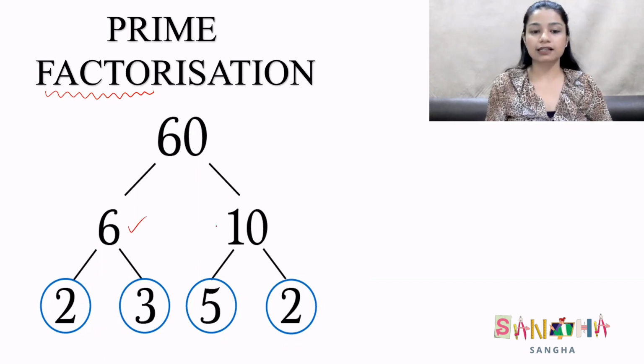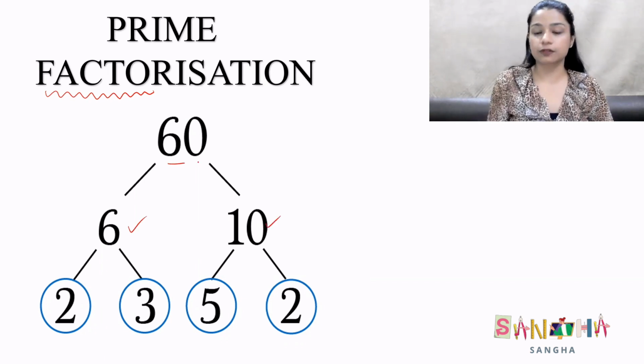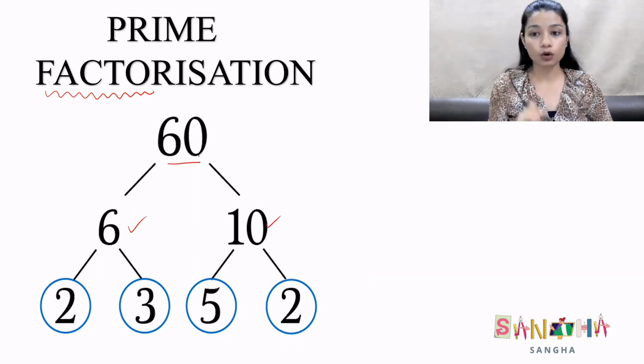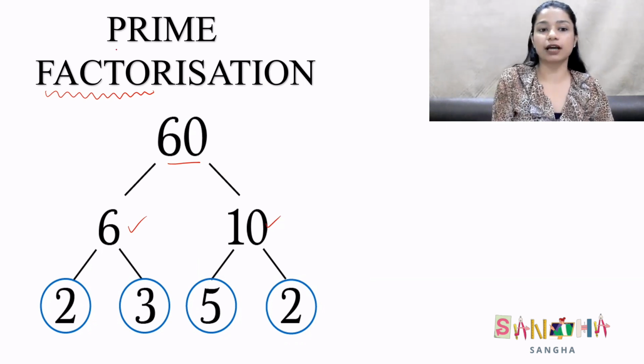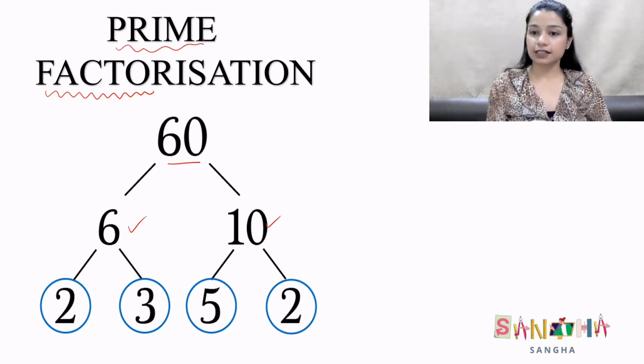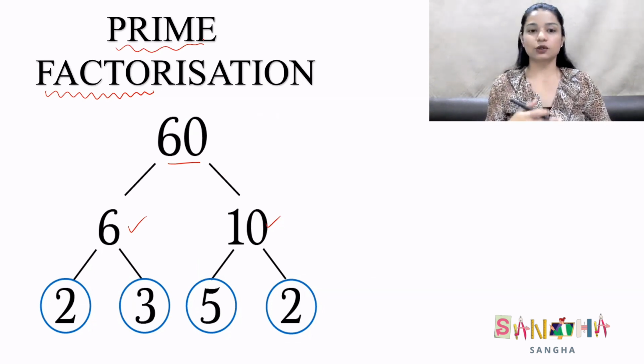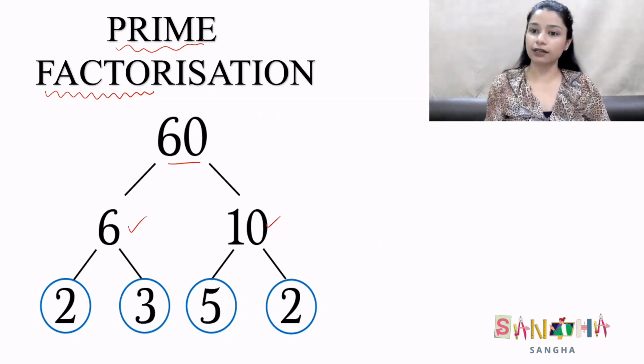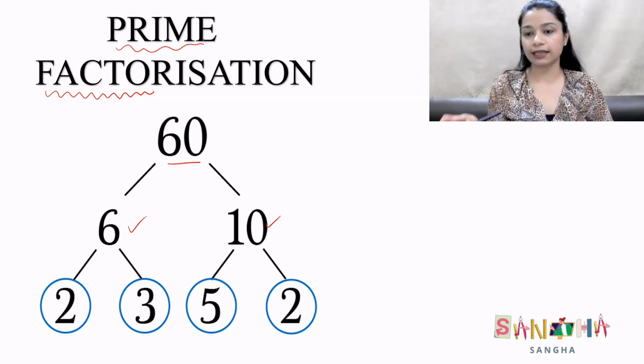Since here 6 and 10 are factors of 60, but there is one more word in prime factorization, that is prime. This tells us that the factors that you are going to find out should be prime numbers. Okay, so I hope you know about prime numbers, the numbers that have only one and itself as their factors, only two factors, and prime numbers do not come in any other table.